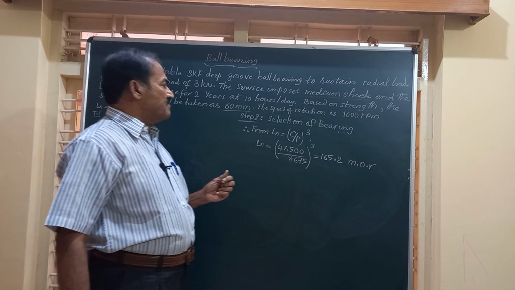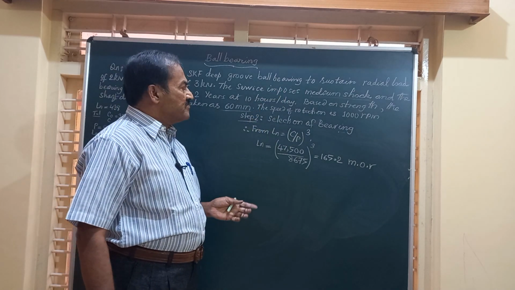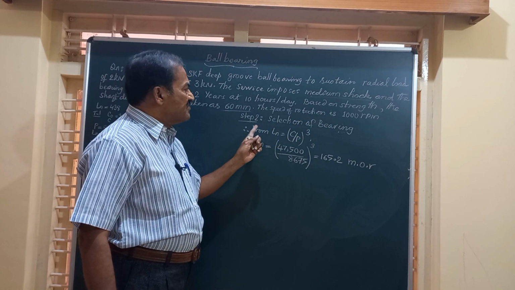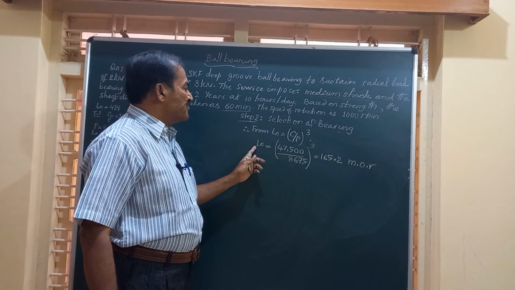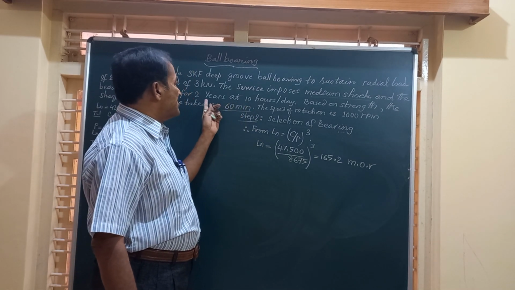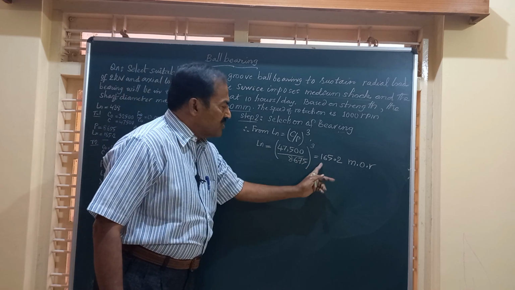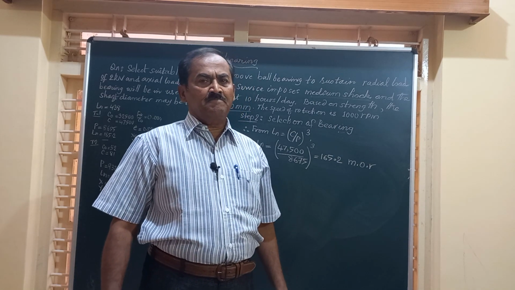It means for the given load condition, for the number of rotations given, for this 60 BCO2 bearing, if you are using for 2 years at 10 hours per day, it will make 165.2 millions of revolution.